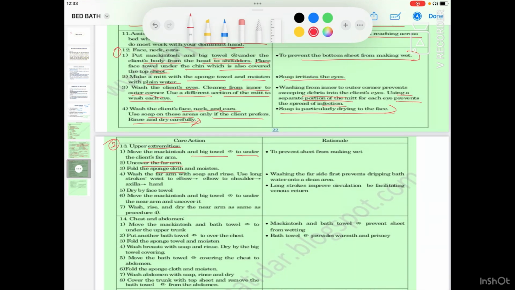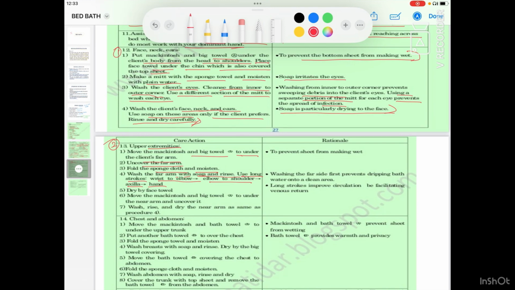Fold the sponge bath and moisten. Wash the arm with the soap and rinse. Use long strokes, from wrist to elbow to the shoulder, then the axilla. First the wrist, then elbow to shoulder, and last the axilla.